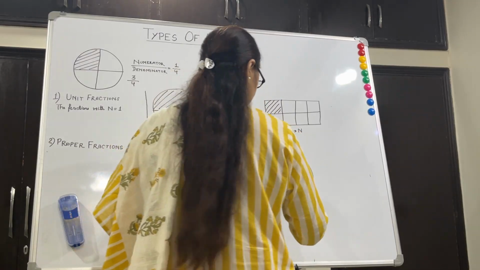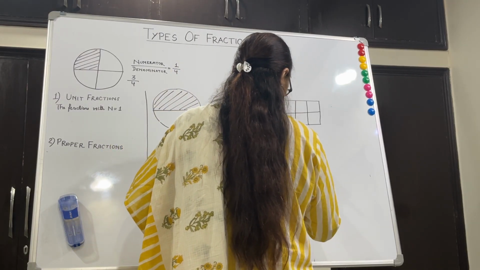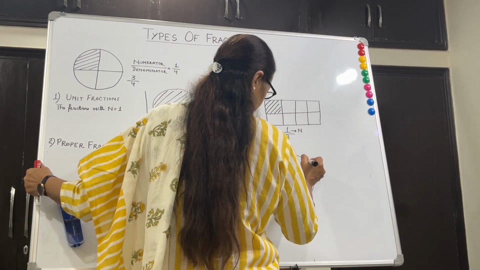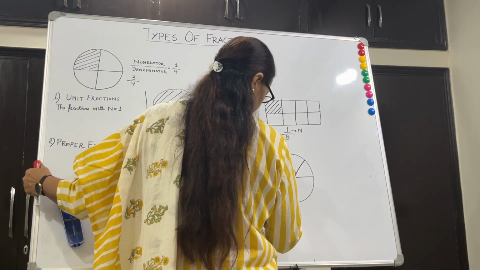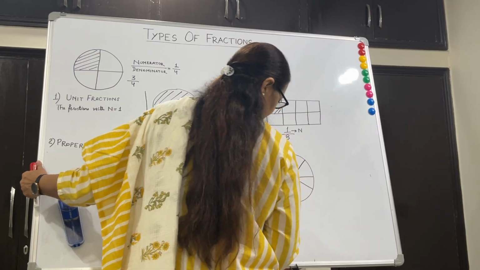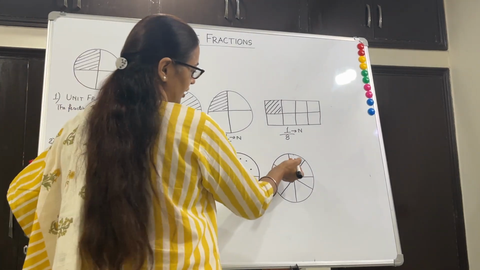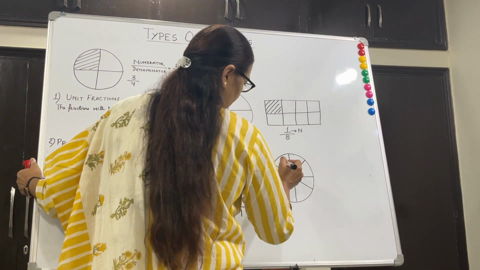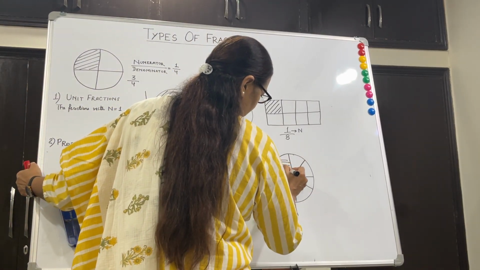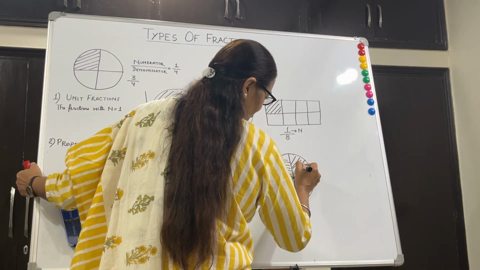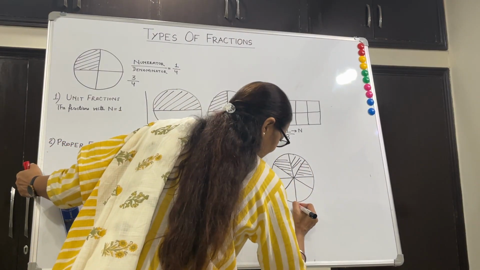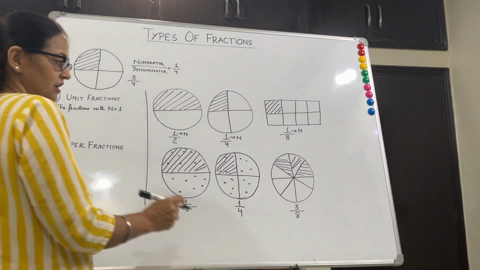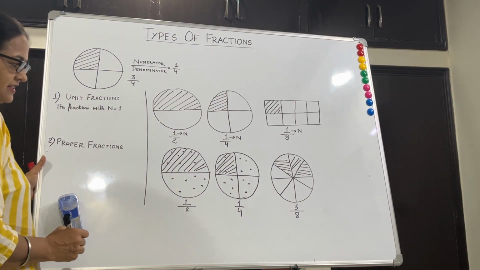Now again the third one. Today your mama says your friends have come. Now she will make some more parts out of this pizza, but you get to eat 3 parts out of these 8 parts. How much pizza are you eating? 3/8.